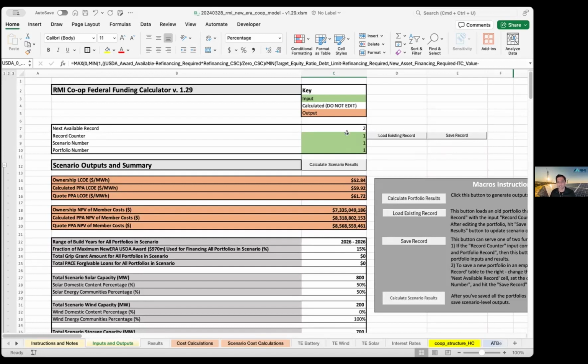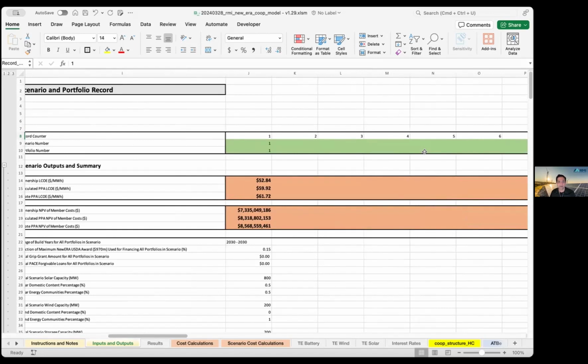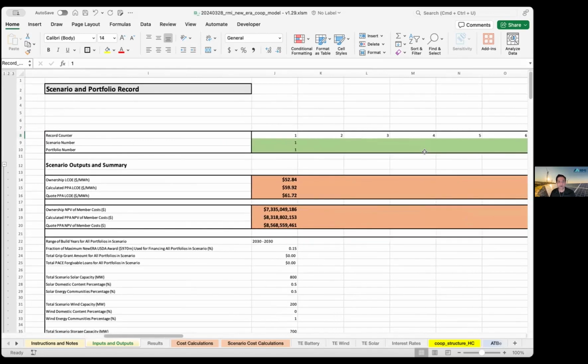So the first thing you do is come up to the top here, where I've got the ability to record information about different portfolios. Where are they saved? They're saved just over to the right in this same tab, in the scenario and portfolio record here. You don't want to edit any of this, especially the record counter.